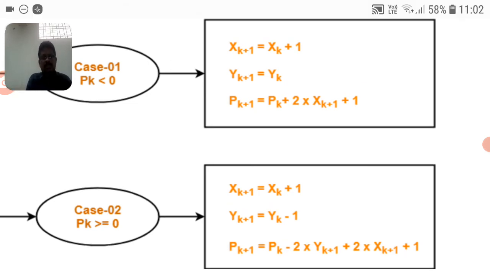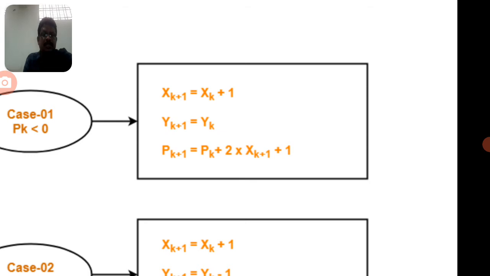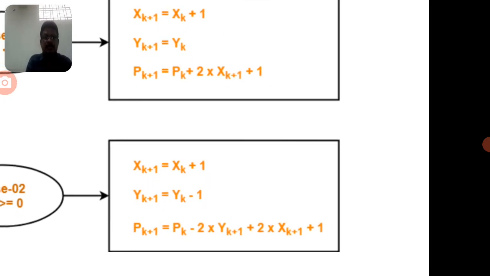Now coming to case 2, if pk is greater than or equal to 0, the equation is xk plus 1 equals xk plus 1, yk plus 1 equals yk minus 1. Here the y value is decremented, and the next decision parameter pk plus 1 equals pk minus 2 into yk plus 1 plus 2 into xk plus 1 plus 1.